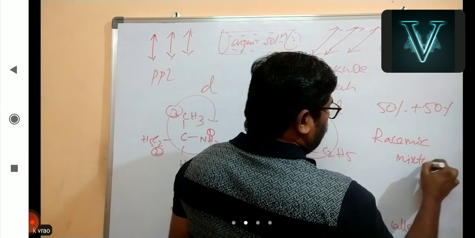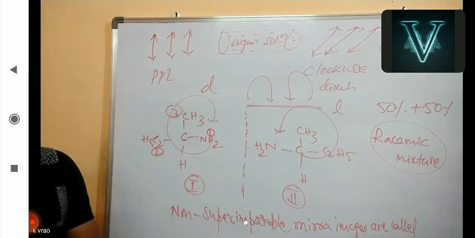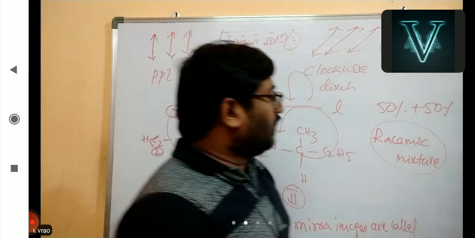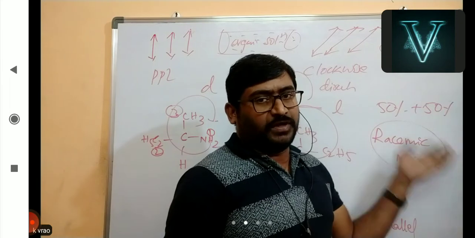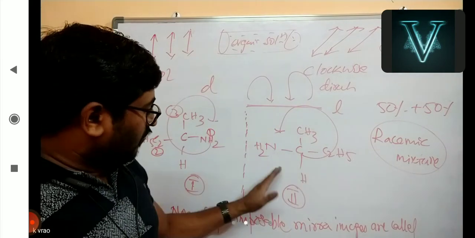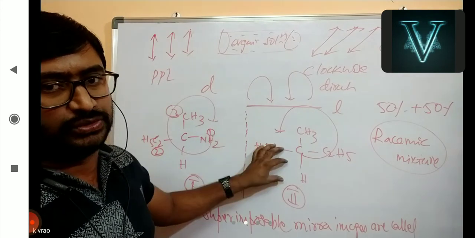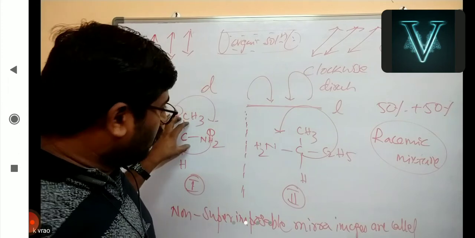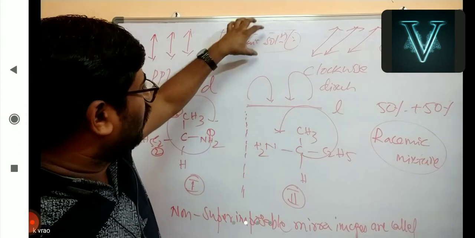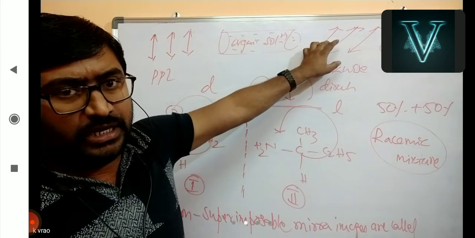We can use this word in the SN1 mechanism. In the SN1 mechanism, a racemic mixture is formed: 50% D compound, 50% L compound. 1 and 2 are the enantiomers, and both are optically active. Keep the 50-50% mixture in a polarimeter and send plane polarized light: there is no rotation of the light because of external compensation.